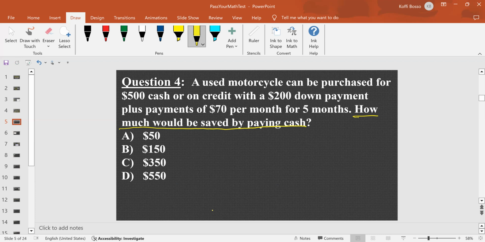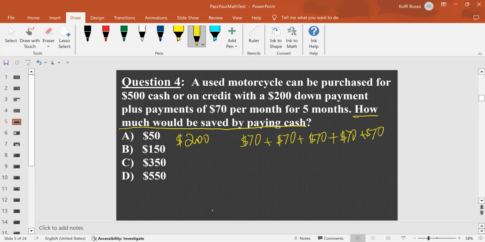Okay, so first of all, let's see. For credit, they say 200 down payment. So you have that 200 plus 70 per month for 5 months. That means what? We're gonna have 70 plus 70 plus 70 plus 70 plus 70.